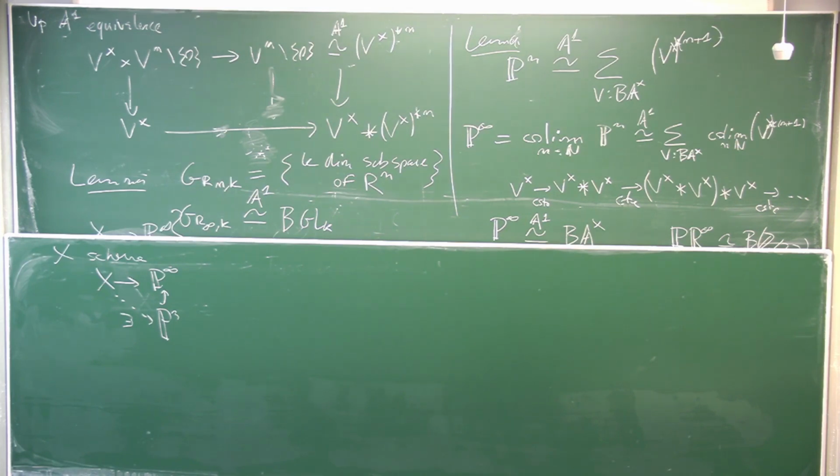Over Pn we have the rank n plus 1 bundle, and O(1) is a quotient. Then we pull back the quotient to X, and this is what is classified. The stabilization, when you go from n to n plus 1, is just adding a trivial line and quotienting it out. So this is how you get to P infinity.